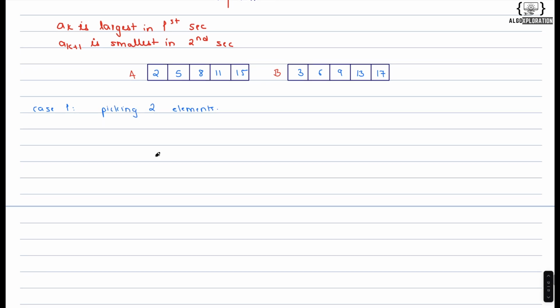If I pick two elements, which are 2 and 5, in the first section the total number should be 5, right? Since I have picked these two values, from the B array I need to pick three values. So I am picking 3, 6 and 9.